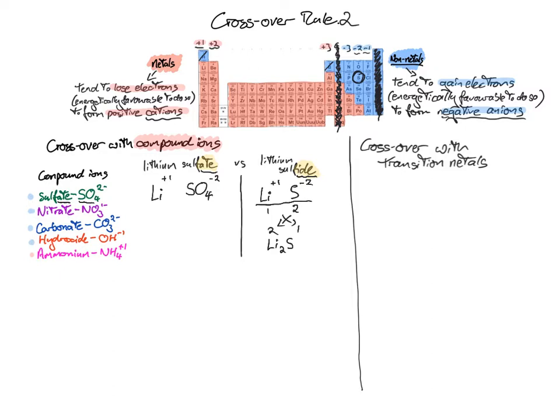Let's draw my line underneath, bring my charges down, the size of my charges, 1 and 2, cross them over, 2 and 1. That means I've got 2 lots of the lithium, Li2, and 1 lot of all of this thing, sulfate, SO4. And because I've only got 1 lot of it, I can just write that in. But what if I have more than 1 lot of it?